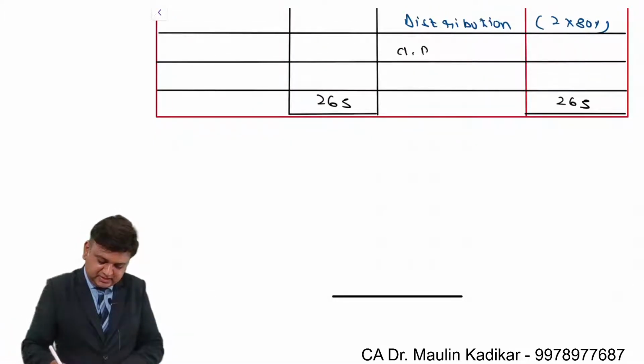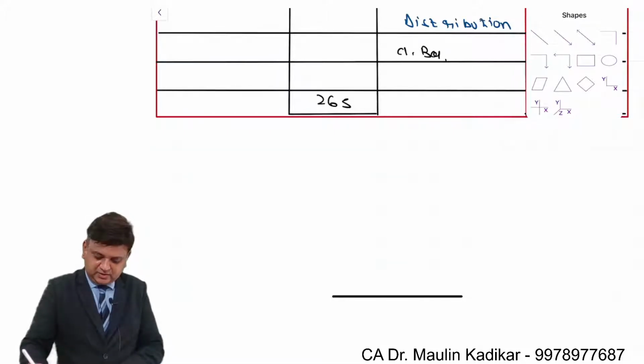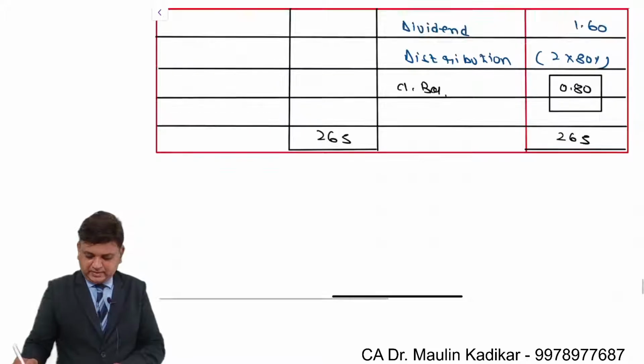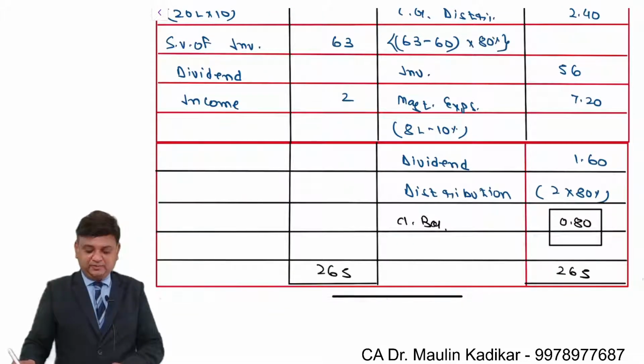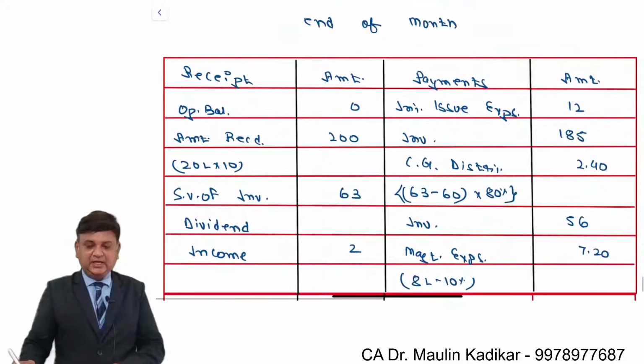So the closing balance is 0.8 lakh, that comes to an amount of 80,000. This is the way we are supposed to make the computation of the cash and bank balance at the end of the month.